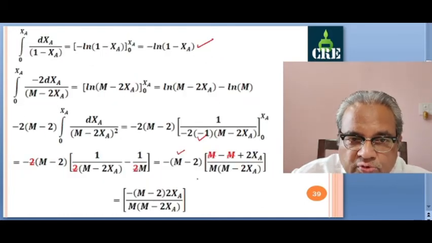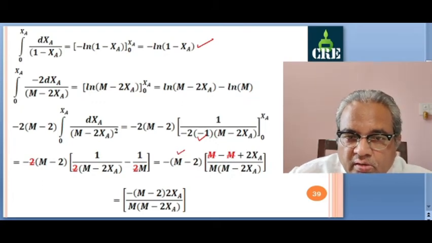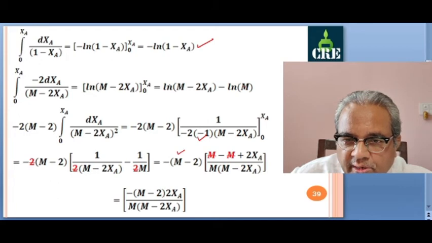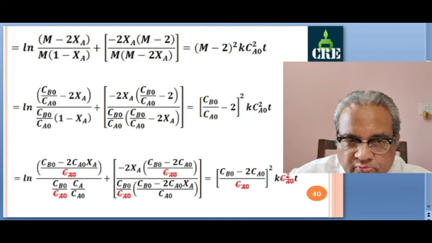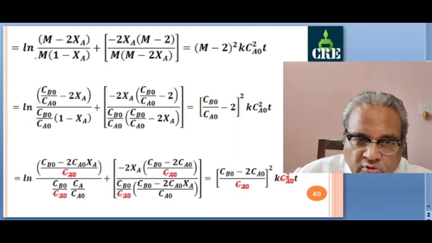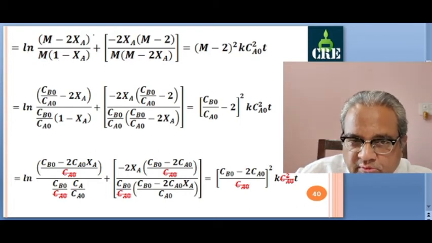So first two terms, minus ln of 1 minus xa minus ln of m and plus ln of m minus 2xa. So this plus sign, if we combine, this remains in the numerator, and this with minus sign goes in the denominator, as we have seen in the previous result also. So we get for the first two terms ln of m minus 2xa by m into 1 minus xa, by combining the result of the first two terms.